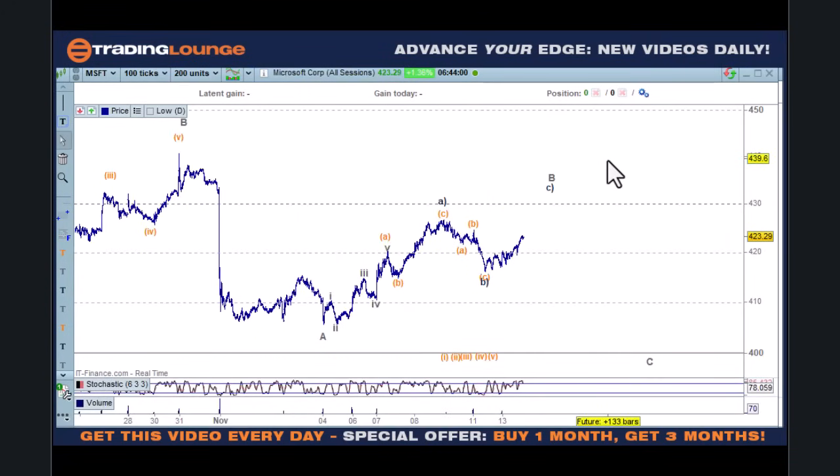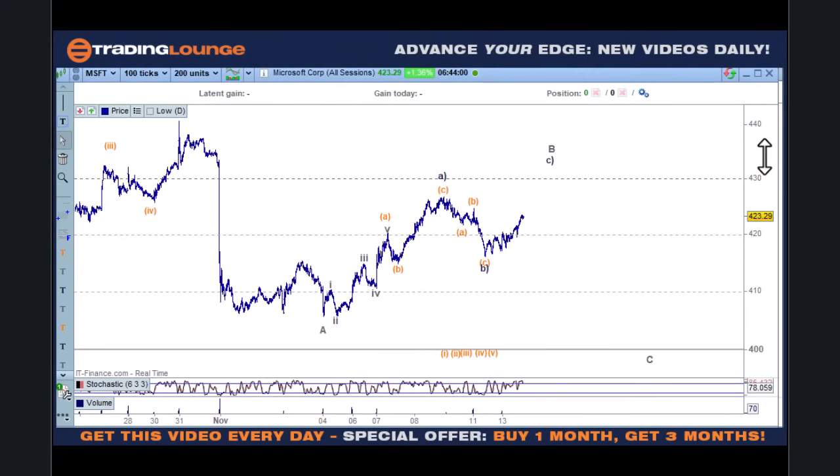And then we've got Microsoft, which is in a completely different pattern. So I'm putting it in the Apple basket, where I'm just not interested in it at the moment. So we're looking for an ABC yesterday down into this space, and then we're looking for a C wave up here, and then another move down here now, and then up from that point.